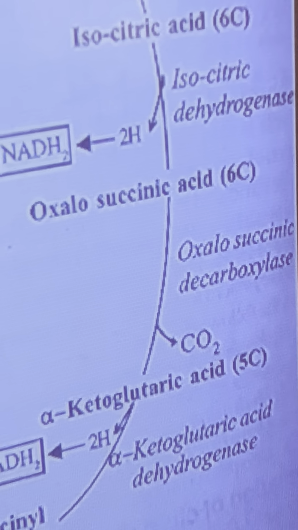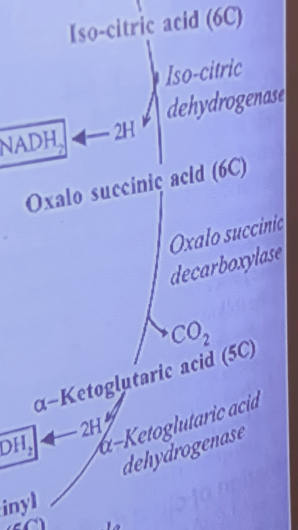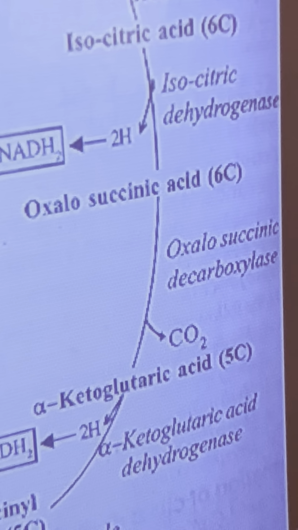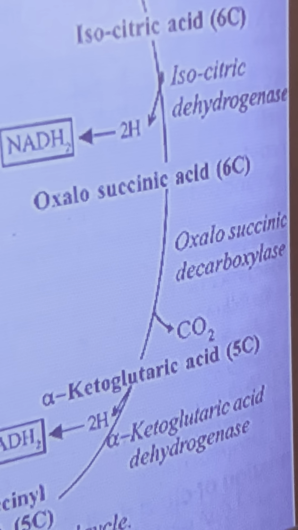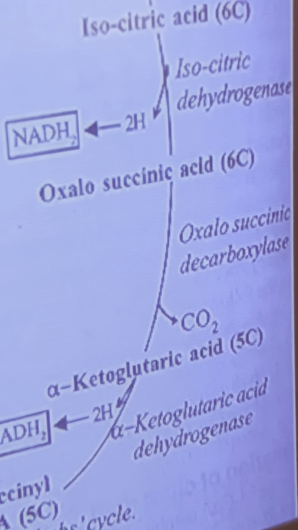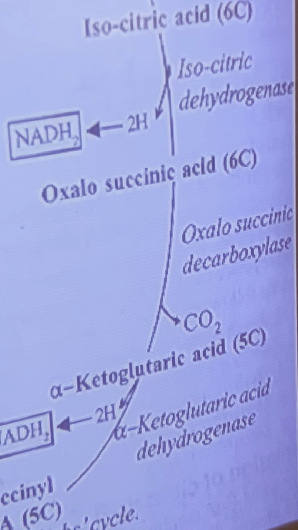This oxalosuccinic acid is again converted into alpha ketoglutaric acid. This is a 5 carbon compound. In this reaction, one molecule of carbon dioxide is liberated. This is called decarboxylation. Here an enzyme is used, oxalosuccinic decarboxylase.